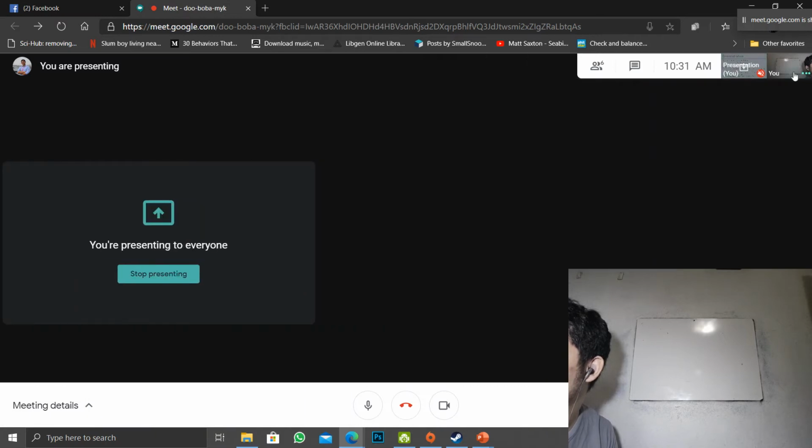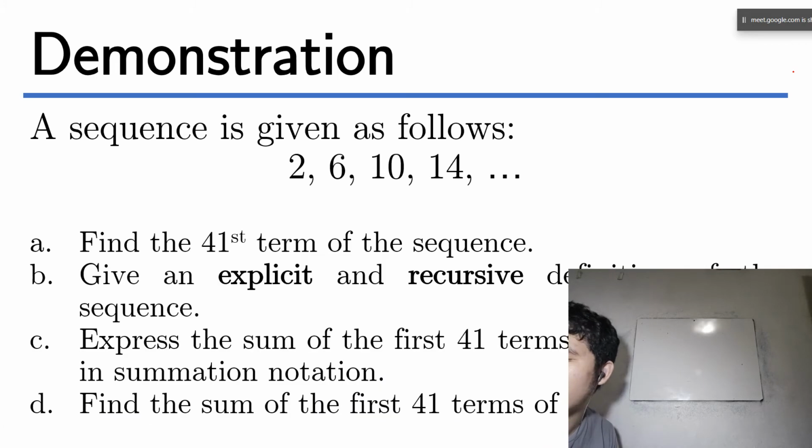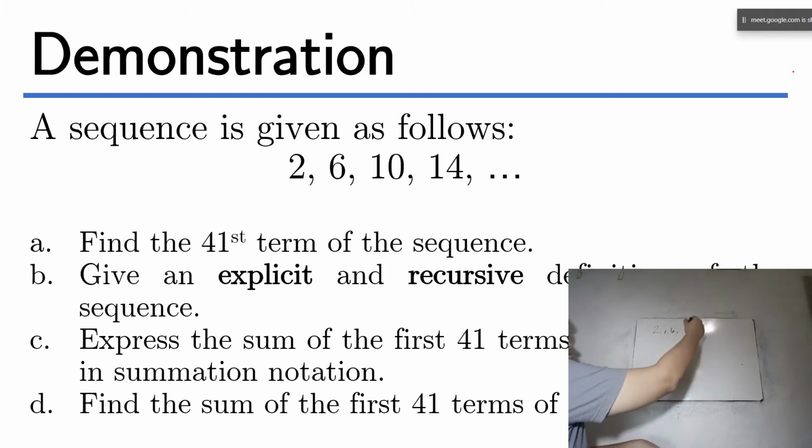Let's look at the whiteboard. A sequence is defined by these numbers: 2, 6, 10, 14, etc. Find the 41st term of the sequence.